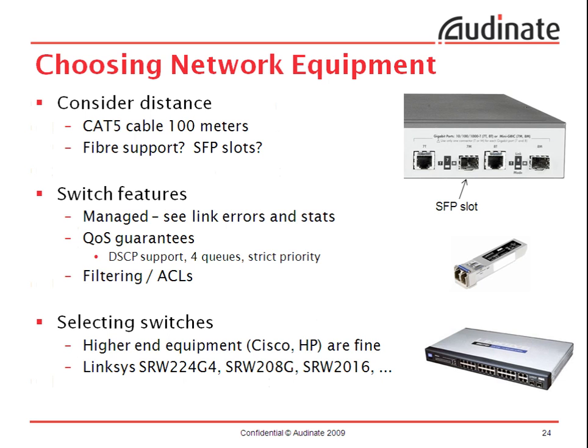When looking at switches, consider the distances that you need to support between the switches. Cat5 cables can only go 100 metres, however a fibre link can go for kilometres. Many switches support what are called small form factor pluggable slots, or SFP slots, and these are a great way of supporting fibre connections via plug-in modules. You can see an SFP slot in the diagram there on the slide.